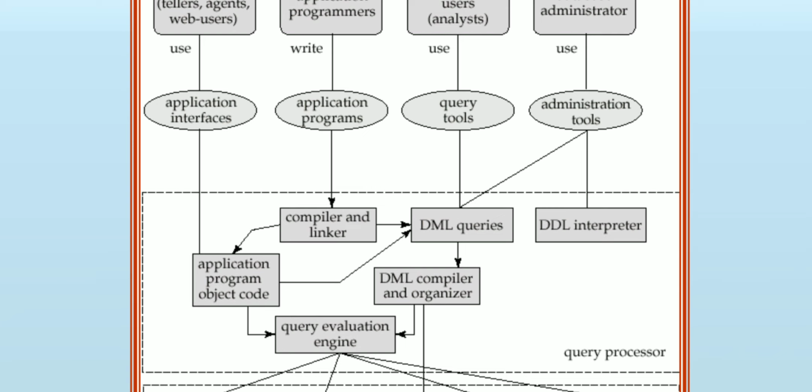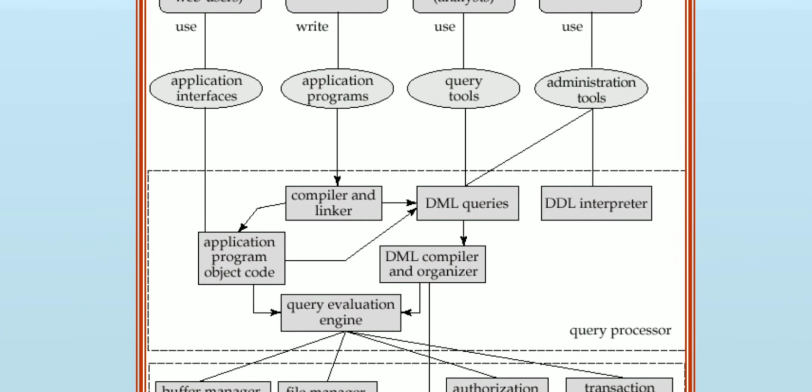After that we come to the DML compiler and organization. There we have a query evaluation engine. The query evaluation engine compares the presently entered data with whatever is stored in the table information at the time of registration. Both will be compared.